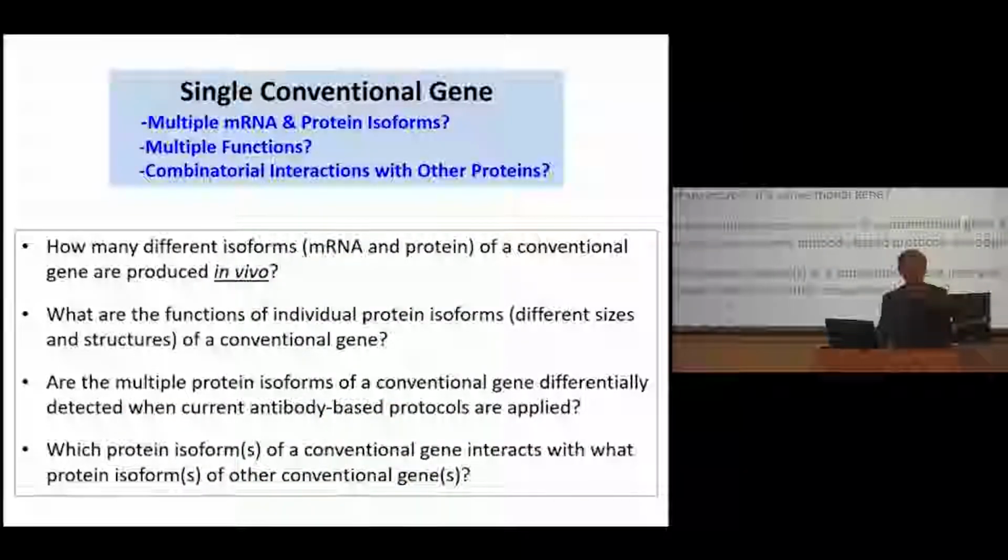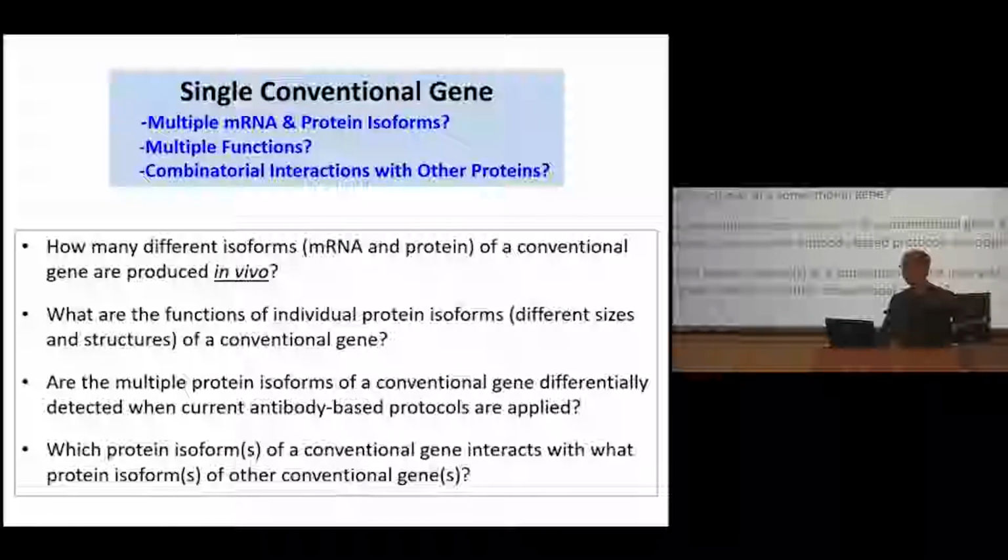So when there's one conventional gene, how many messenger RNA or protein isoforms are produced from a single gene? How many different functions do they have? And how many different combinatorial interactions with other proteins can happen with a single gene? Also, can we differentially identify multiple isoforms of a single gene with one or two antibodies?